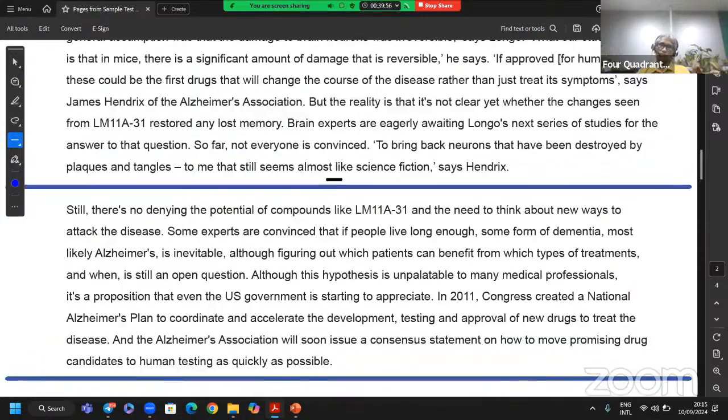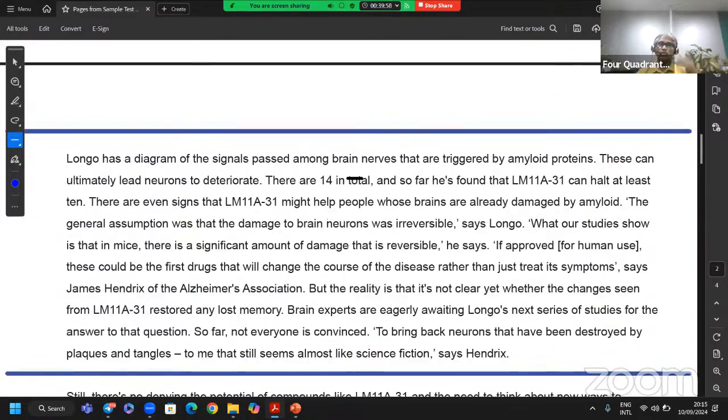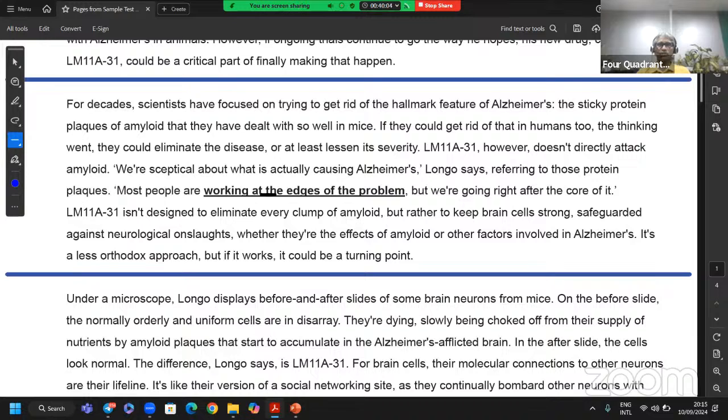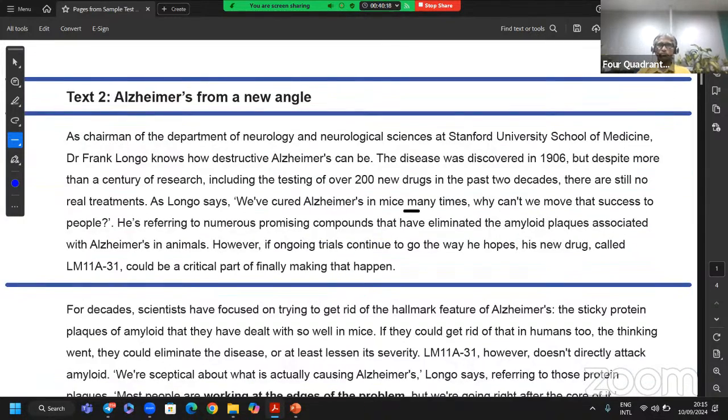Here, these are big paragraphs, so there may be 2 questions. And then here, working at the edges of the problem, there may be 2, because a quotation or idiom or meaning is the focus. So there will be another question plus this question. Yeah. So this is how.